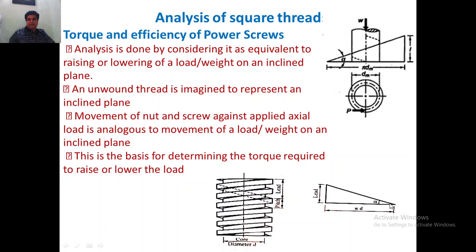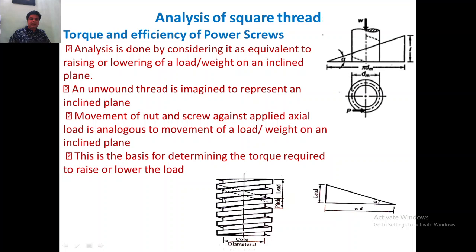surface of this triangle. We can see these are again the threads here. The same thread is given here. It is a cylindrical thread, and it is developed. When you open the cylinder, we get the perimeter on the x-axis, and on the y-axis we get the pitch or lead, and this is the inclined surface on which the load is applied, where we want to raise or lower the load using the power screws.